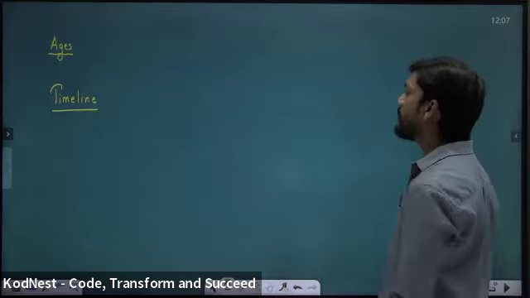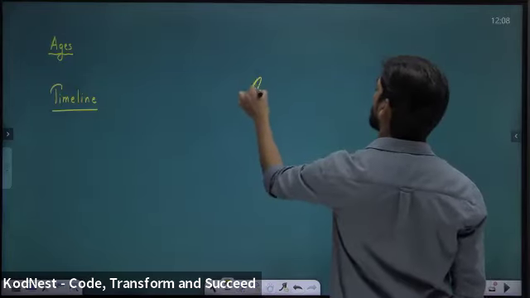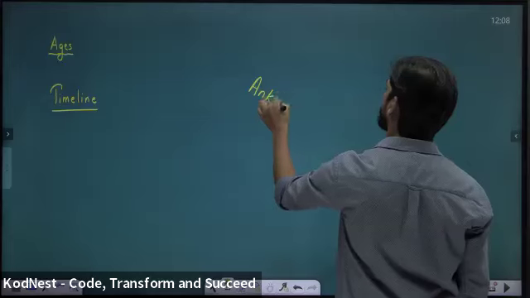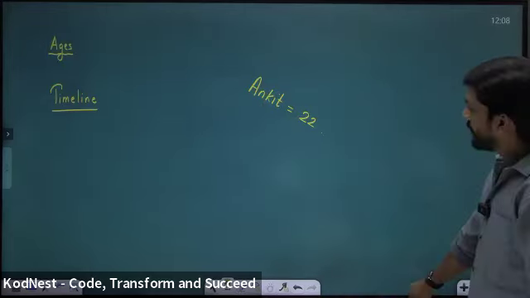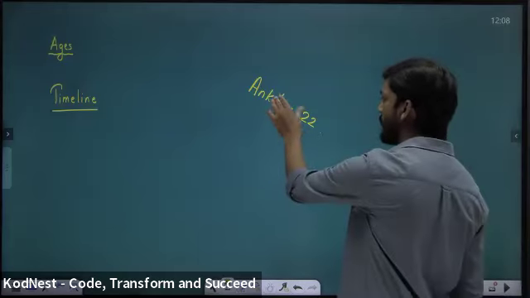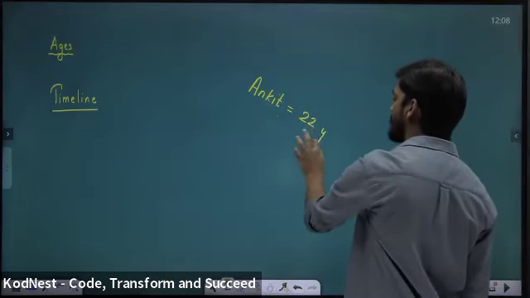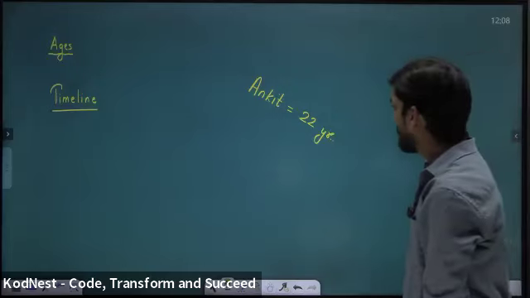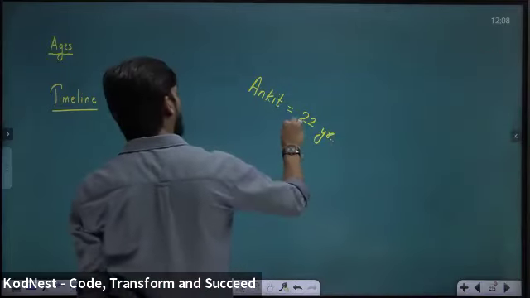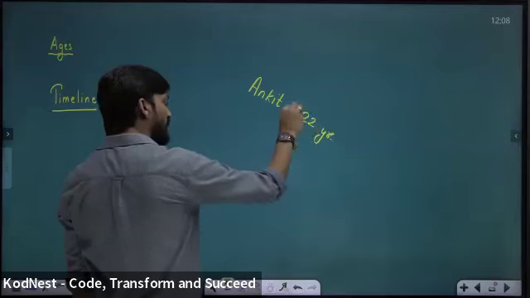So for example, somewhere you have written age of Ankit is 22. Okay. So somewhere you have written this, Ankit equals to 22 years. Now answer please. Are you getting full clarity that this is present age, past age or future age?